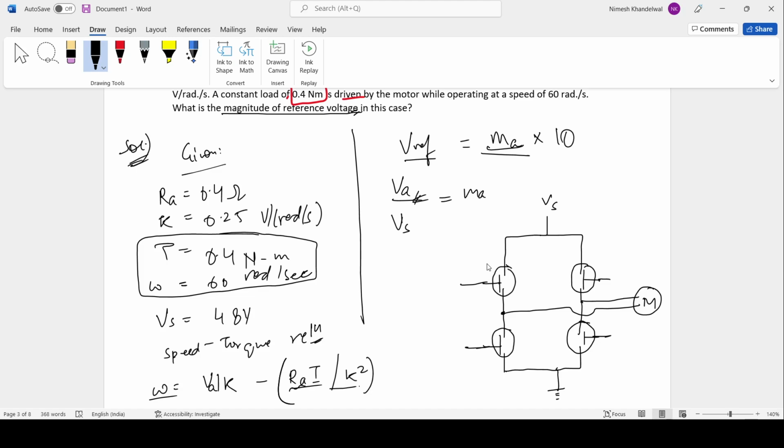And according to the numbering scheme given in the problem, this is how we have numbered all the switches in this H bridge. This is what we call an H bridge.